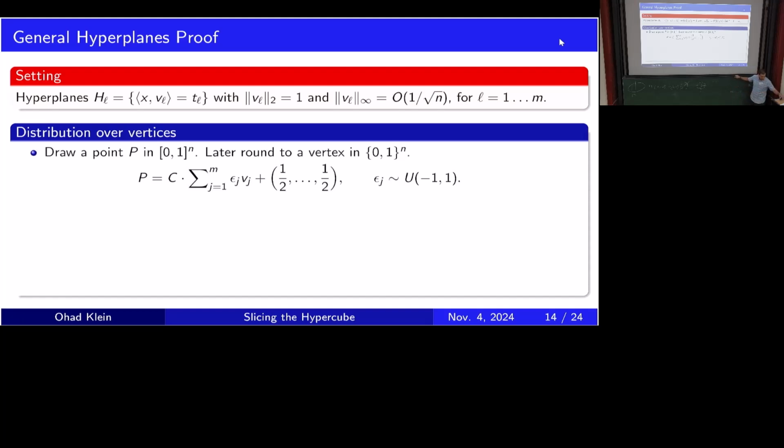Now, the larger C is, the larger the variance of P projected on any normal vector. Now, let us see how large we can have C.